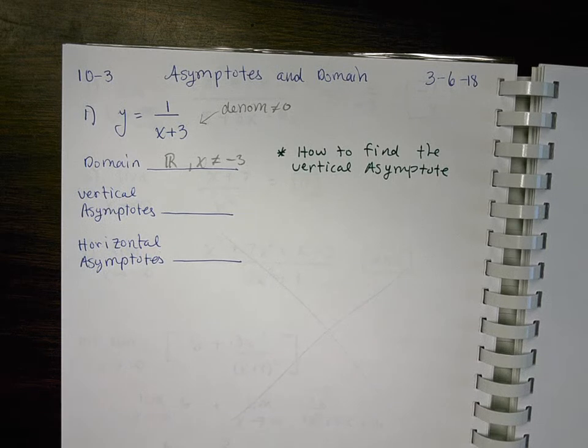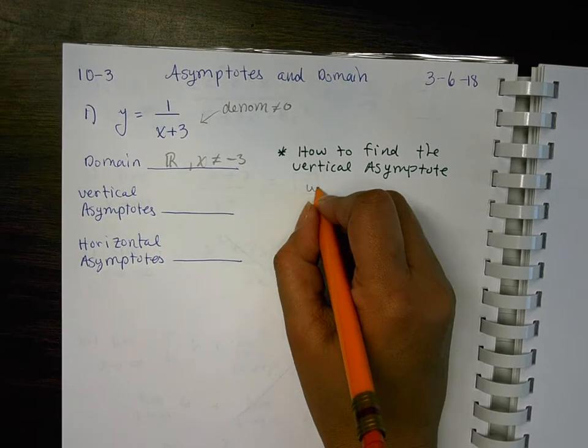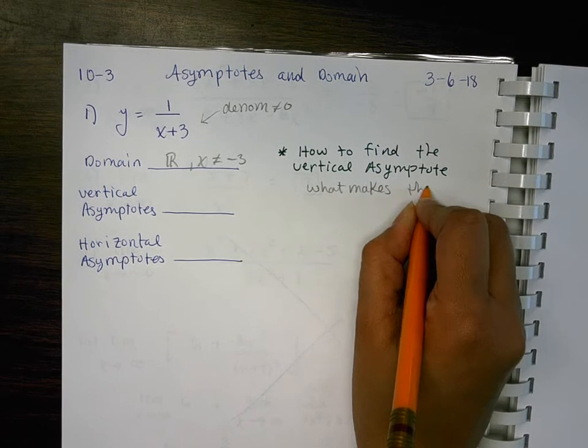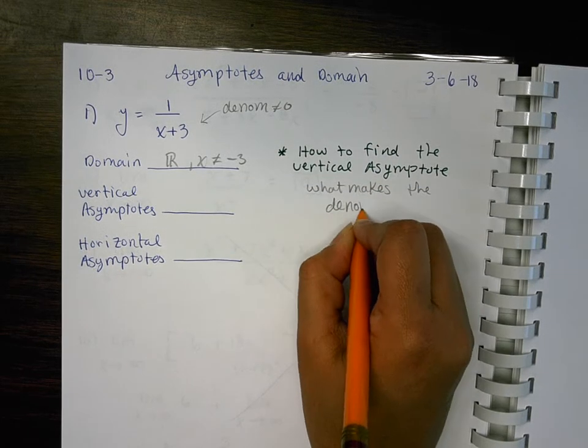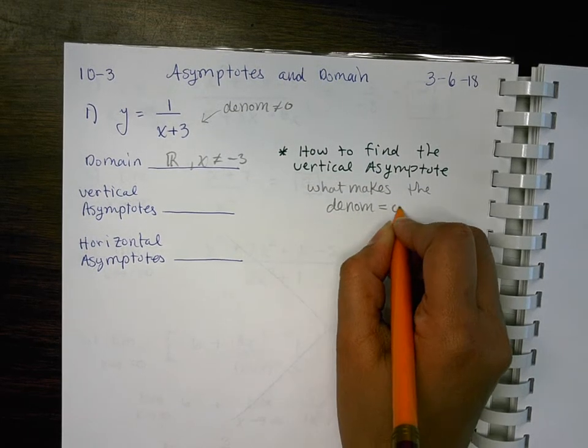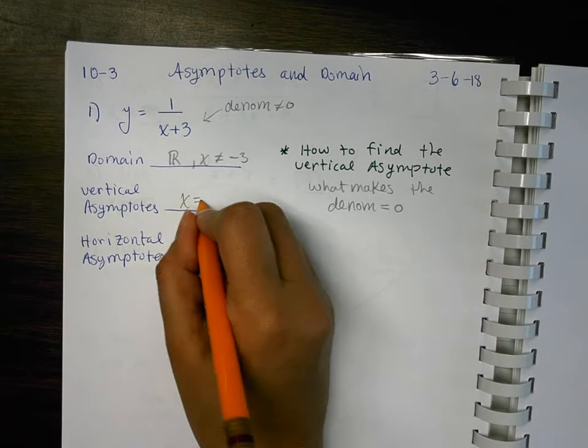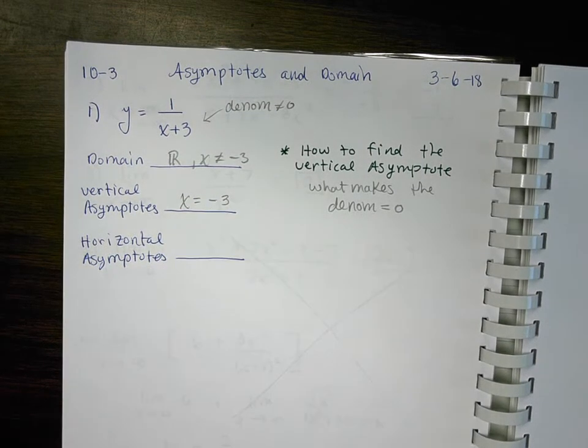All right, and it's pretty simple. You just ask yourself, what makes the denominator equal 0? Okay, and what makes the denominator 0 in this case? -3. So your vertical asymptote is x equals -3.